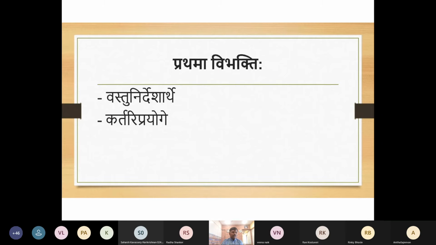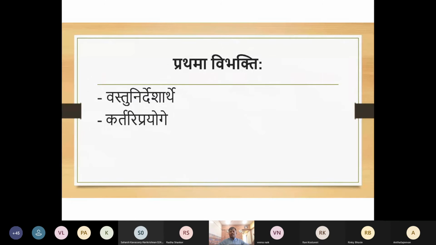What is the meaning of Prathama vibhakti? In Kumar Mahodaya's story, he said, Balakaha pashyati. That Balakaha is actually the Prathama vibhakti. Prathama vibhakti is Vastu Nirdeshaya or in Kartari Prayogaha, which is what a normal active voice is.